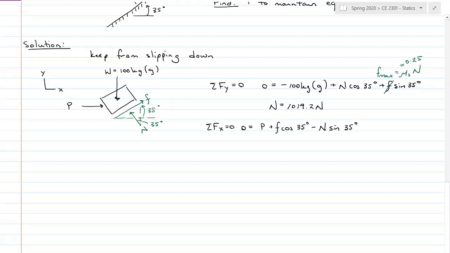And that's it, that's acting in the x direction. So this value goes in here, the 1019, and my friction force again goes to 0.25 times my normal force, which is 1019.2 newtons.